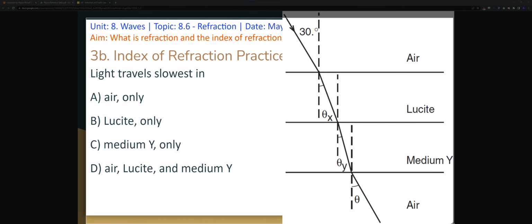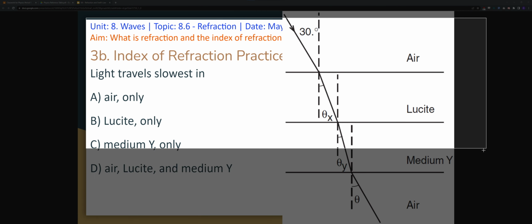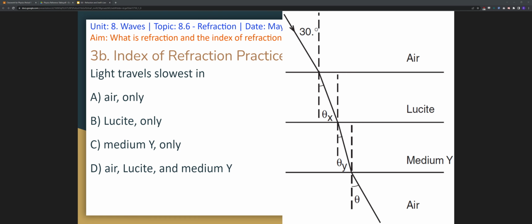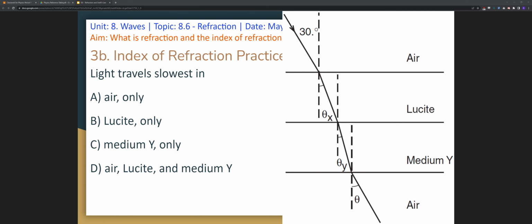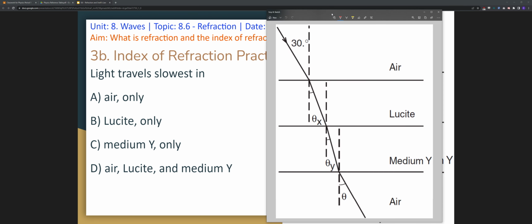Light travels slowest in which one? It might be a bit hard to see, but from air to lucite, you're bending towards the normal line. You have a smaller angle, which means you're getting slower from air to lucite. Not only that, you can just check your reference table for the index of refraction of lucite.